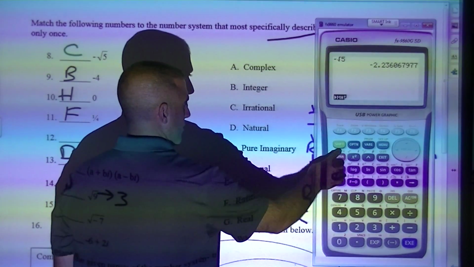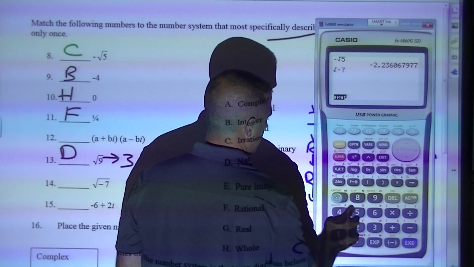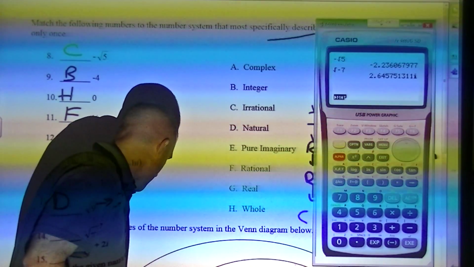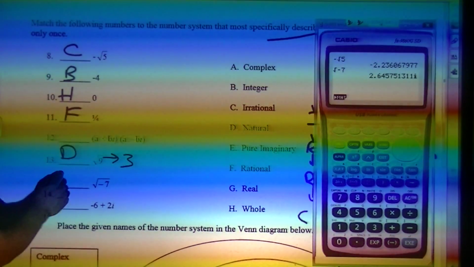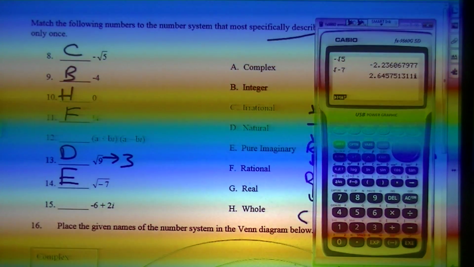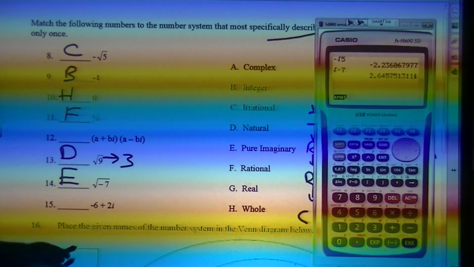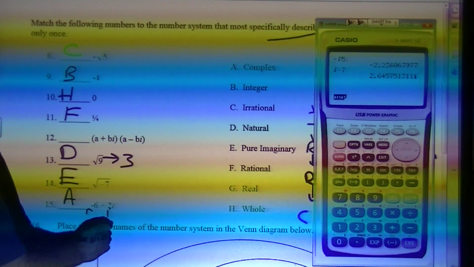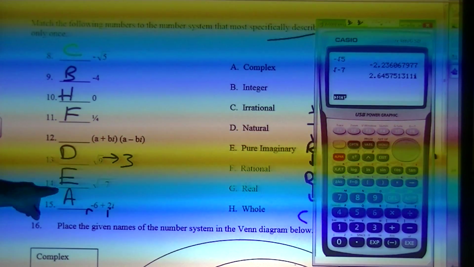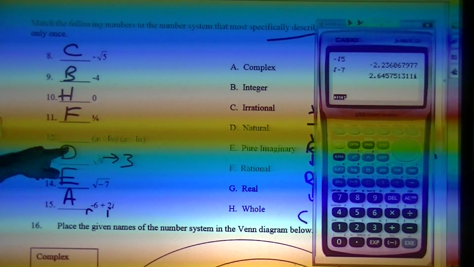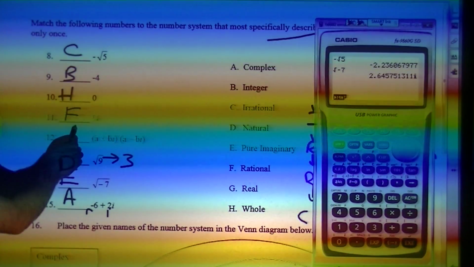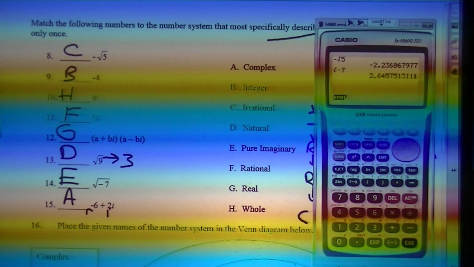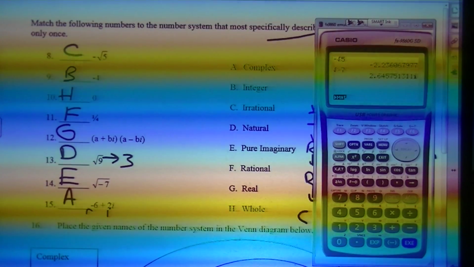So if I do this, negative 7, you see that I have an i there. So that's going to be the pure imaginary. This right here is considered a complex number because it's got a real part and an imaginary part. So what's the letter I haven't used yet? I used A, B, C, D, E, F, G. This will be a real number, because there could be all kinds of different combinations there.